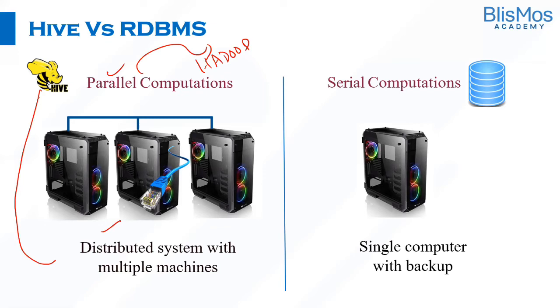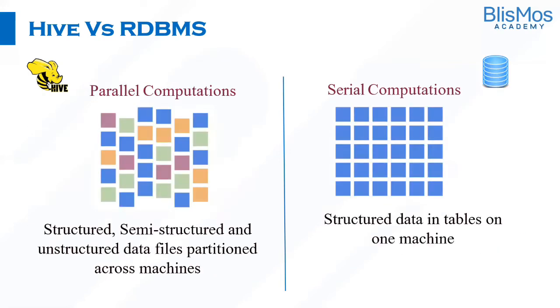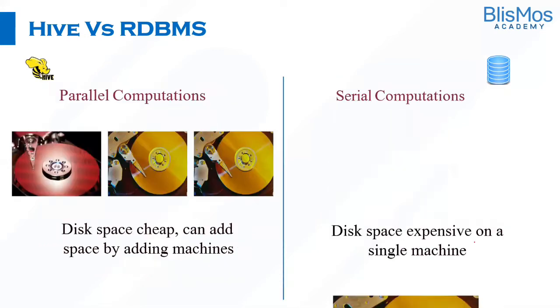But RDBMS systems are mostly on the single computer with the backup. Hive does the parallel computations on structured, semi-structured, and unstructured data, which is partitioned across the multiple machines. On the other hand, RDBMS systems do the serial computations on the structured data in the tables on one machine.